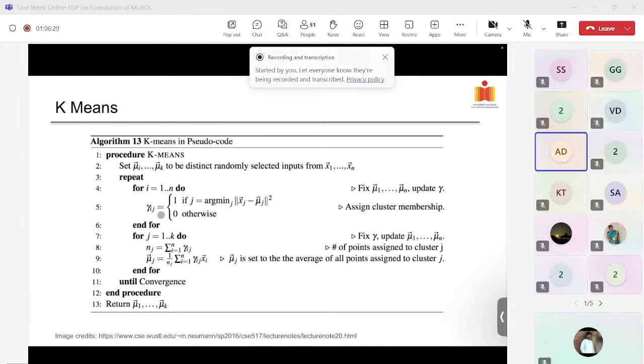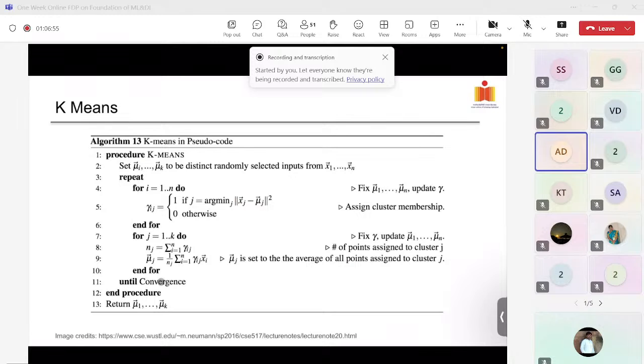This gamma ij is like a flag which keeps track of which point is closer to which cluster. Once you iterate over all the data points, you update the cluster centers by taking the mean of the new points in each cluster. Now the mu j's all get updated, and then you repeat this entire process until you see a convergence.